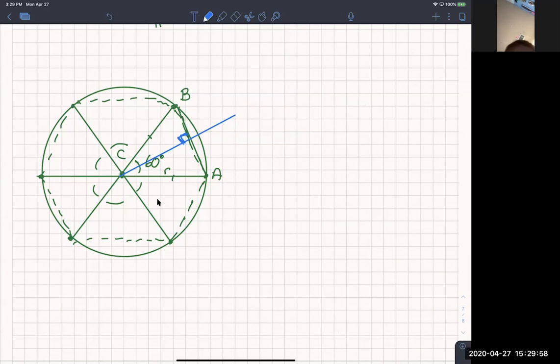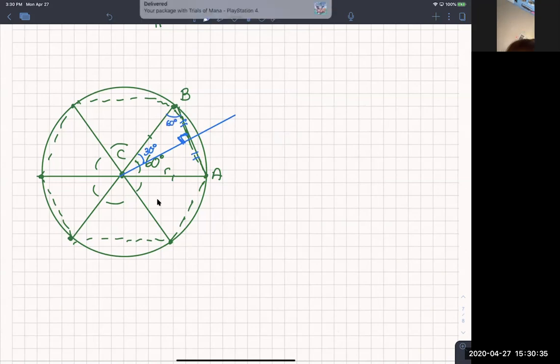Now, what does the altitude also do to the middle angle? It bisects it. Right. And it also bisects the opposite side. So we know this is 30, this is 90, so this has to be 60. So that's a 30, 60, 90 right triangle, correct?